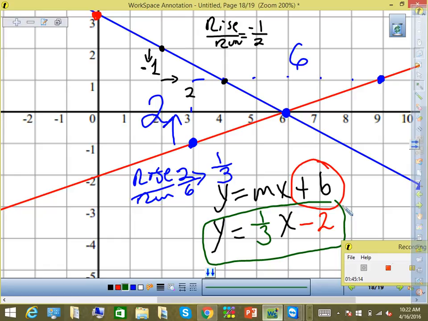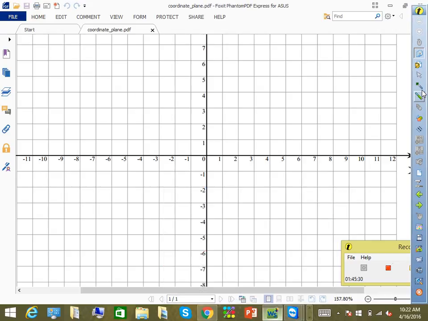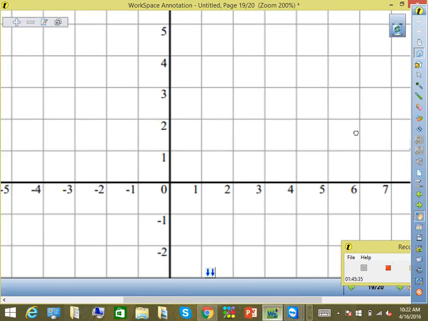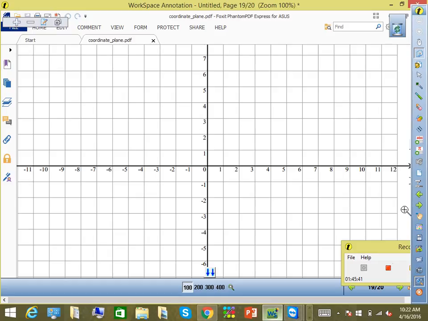All right. So now, let me show you how they're going to present this in the Smarter Balanced. Here we go. I want you to draw another coordinate plane. Do that one from, let's see, let me zoom out. Let's do also from 7 to -7 and -7 to 7.